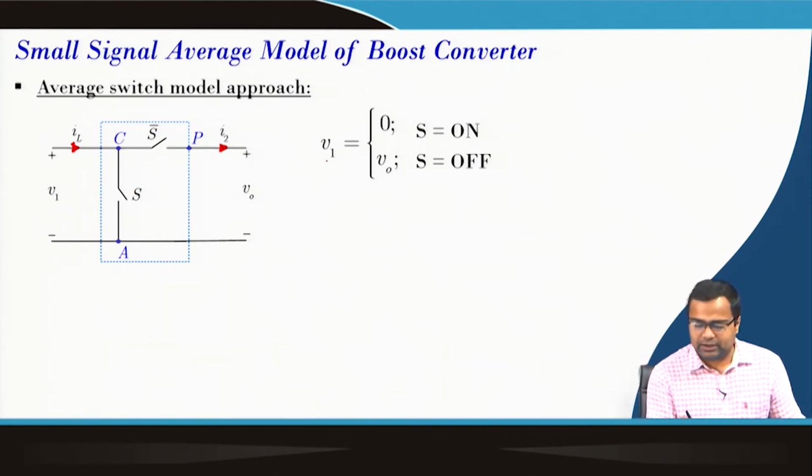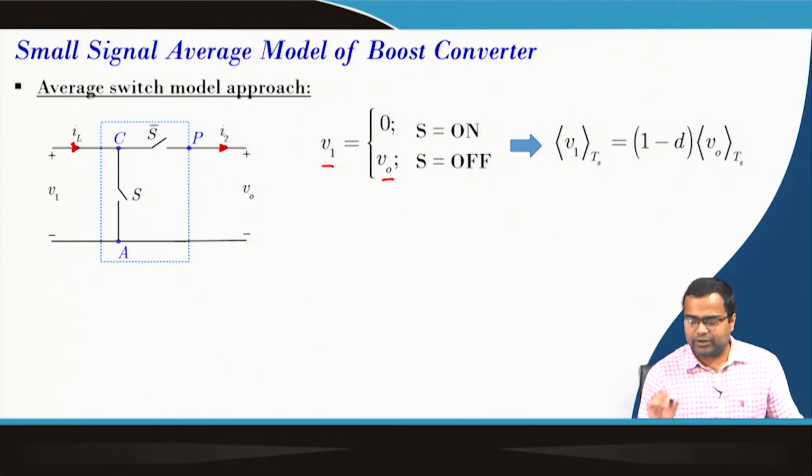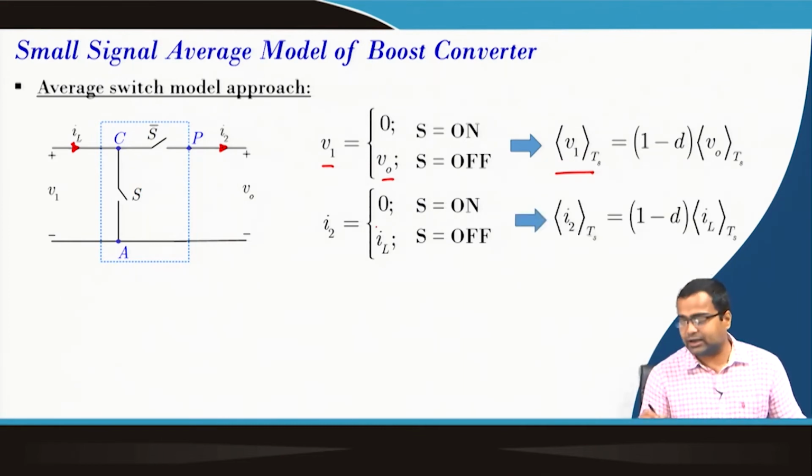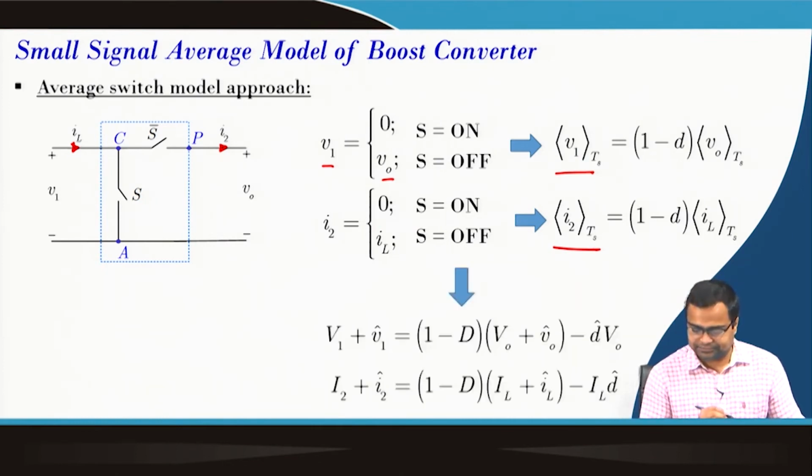So, input voltage can be written in terms of output voltage when the switch is off, and the average input voltage is nothing but 1 minus d into average output voltage. Similarly, the output current is nothing but the inductor current when the switch is off, and it is 0 when the switch is on. So, you can write the average output current as 1 minus d into average inductor current.